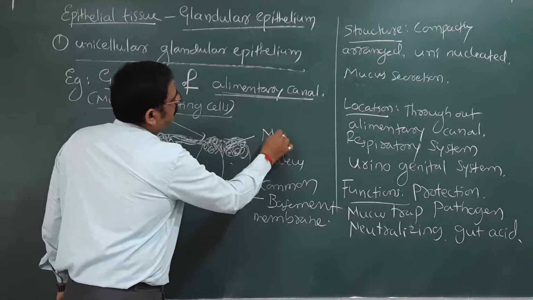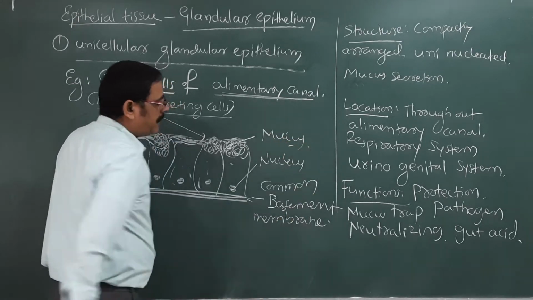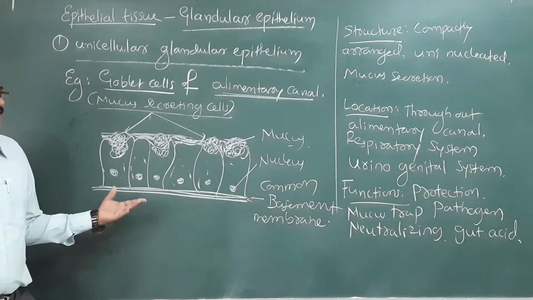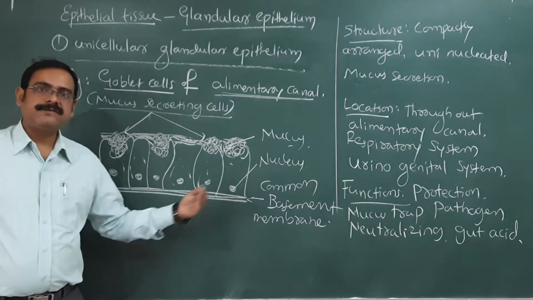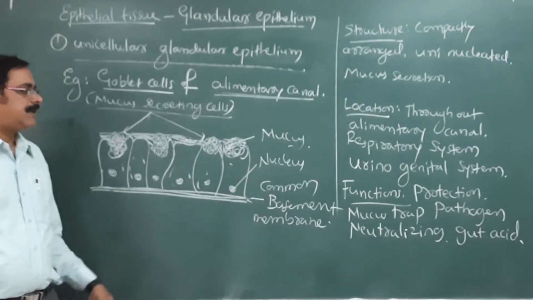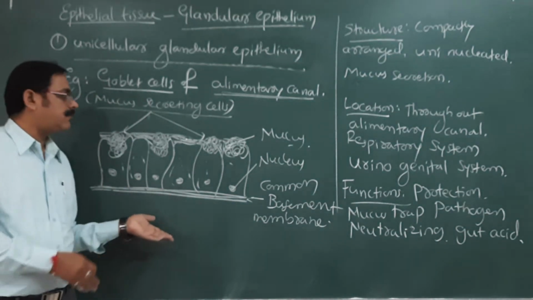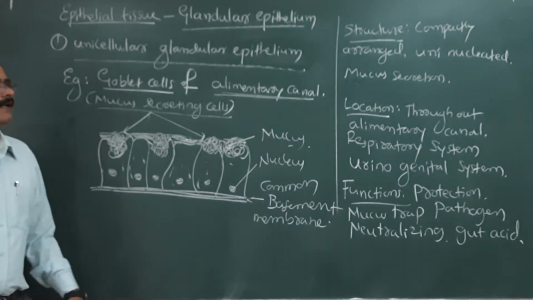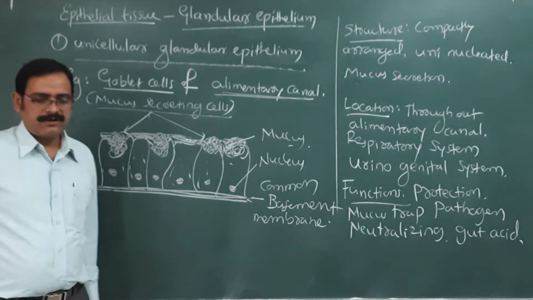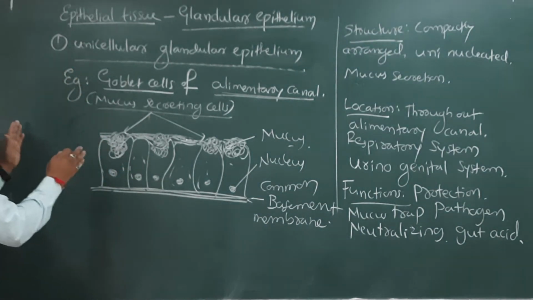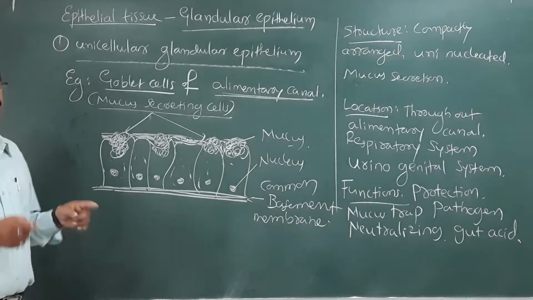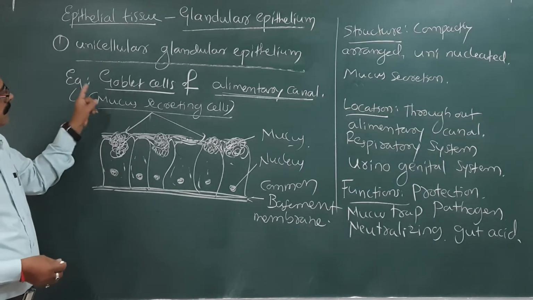With the mucus they avoid the effect of the HCl and thus give protection. They are also involved in neutralizing, because certain minerals or ions can be stored, thus neutralizing the gut acid.